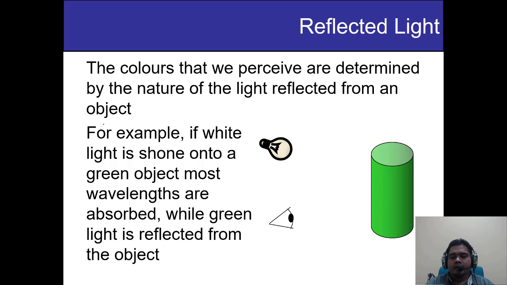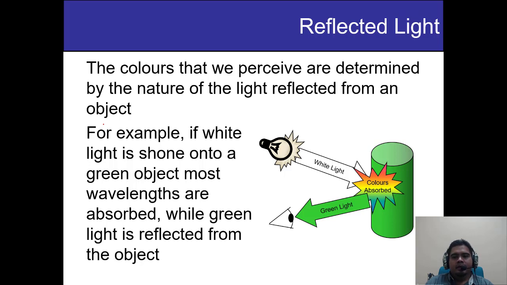This is about how an image is actually generated, how something in your environment can be seen by your naked eyes. For example, if you look at this green object, why do you see that object as green? That is because this cylinder has a characteristic of reflecting the green spectrum while absorbing the rest of the visible light spectrum. Similarly for other objects, such as a red ball.